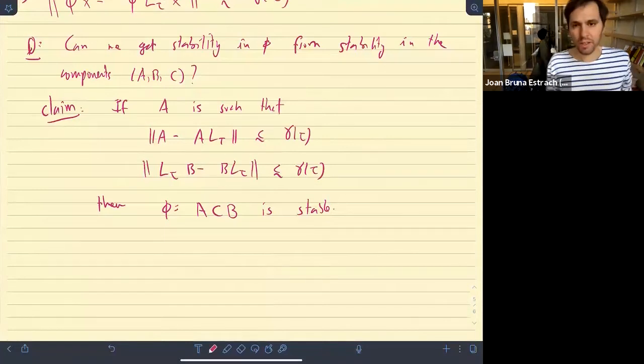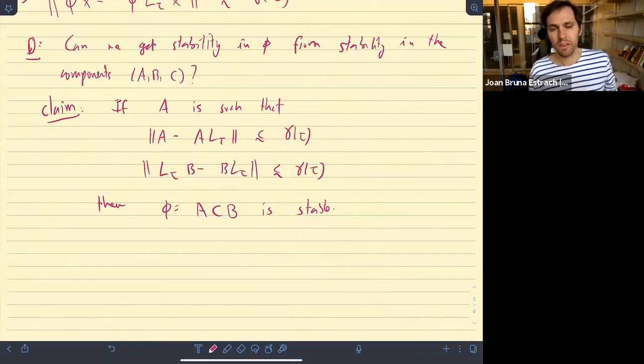Right? And this is really the same logic as before, that if I have stable things, I can compose them together and preserve stability. And let's just check this property.